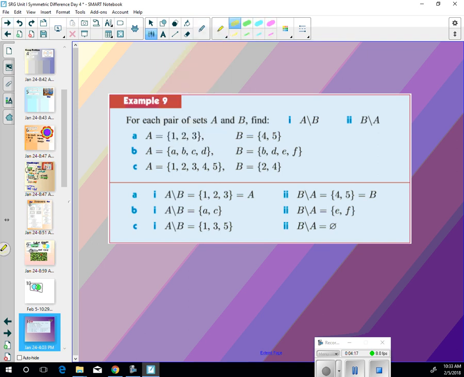A, B, C and B, C, D, E, F. Where's the intersection? B and D, right? So what we would say for A not B, it would be the A and C for A not intersect part with B, and then B is going to be the EF.